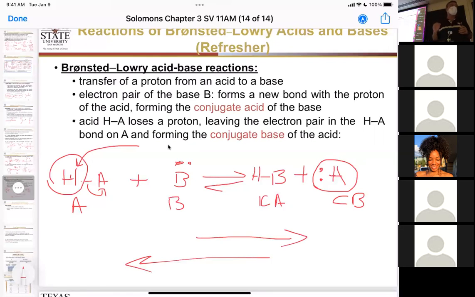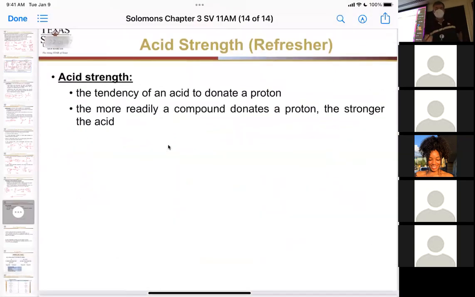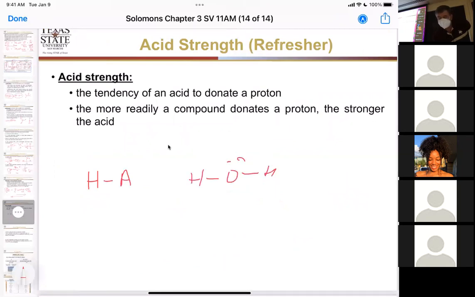So when we think about this, we have to think about stuff like, okay, if it's not going to do it equally, or it's not going to do it all the way, we now have to think about it as, if I'm willing to give my proton away, and let's just use water right here.